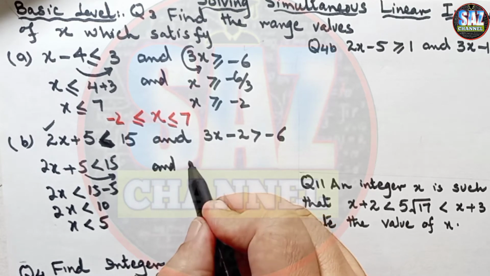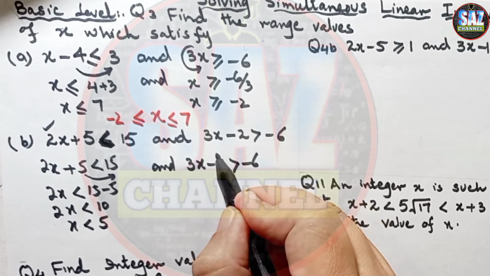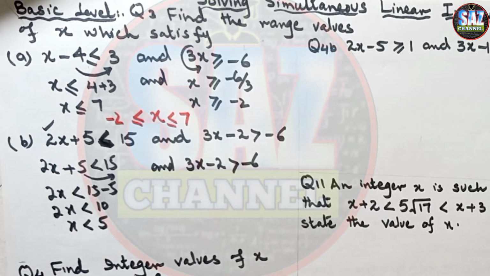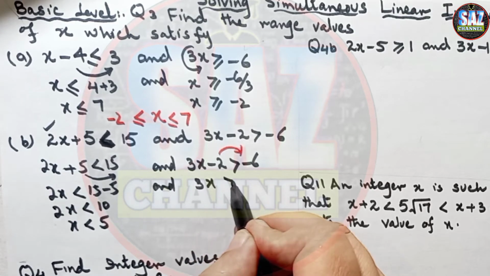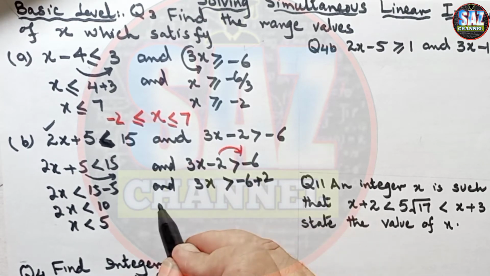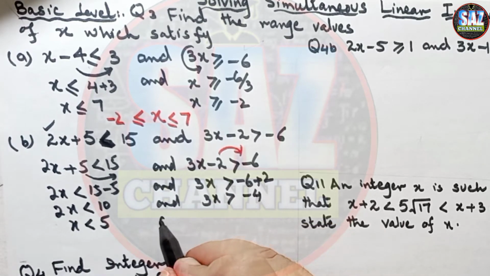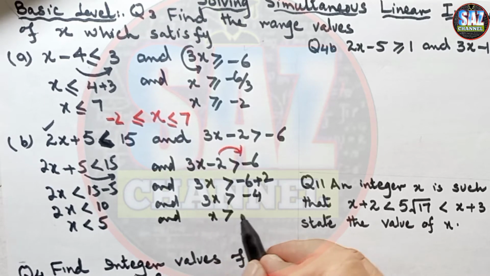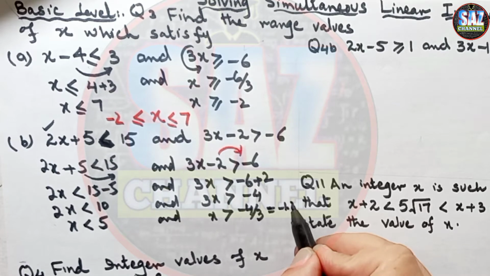And 3x minus 2 is greater than minus 6. Shift this minus 2 to other side by changing the sign, and the inequality will take the form 3x is greater than minus 6 plus 2, and 3x is greater than minus 4, or x is greater than minus 4 by 3, which is equal to minus 1.33.